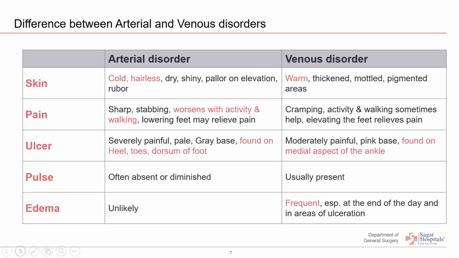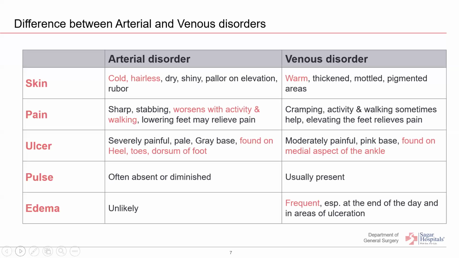The arterial inflow is there, but venous outflow is occluded. So there is warm skin, thickened skin, and pigmented areas because of the deposition of hemosiderin. And the typical pain in an arterial disorder is a stabbing pain which worsens with activity. Whereas in venous pain, you get a cramp, more so in the calf region, and activity actually relieves this pain. That is the stark difference between an arterial disorder and a venous disorder.